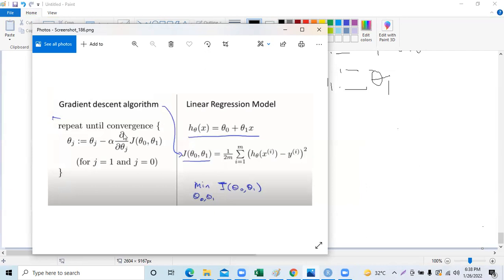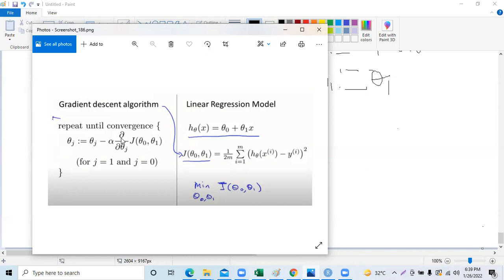What we want to solve for is this derivative term. We know what alpha means, but we want to solve for this. Because I want to insert this, I want to replace J of theta with what we have here.